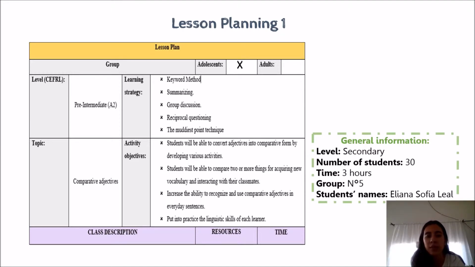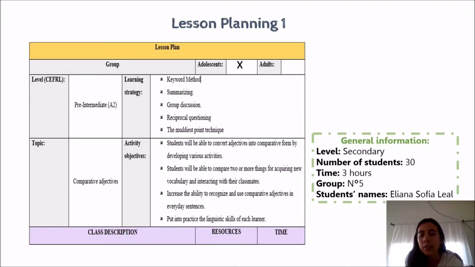According to several authors, an effective lesson plan has 3 basic components: aims and objectives of the course, teaching and learning activities, and assessment to check students' understanding of the topic.